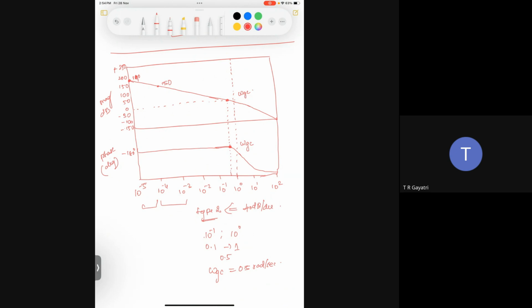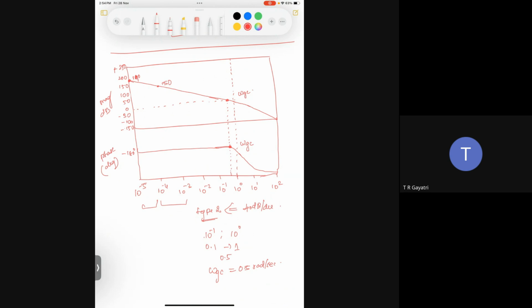So here the phase is at minus 180 degree for a longer period of time. So when it changes, around this point you will take the radius. This will be around 1, maybe around 1 frequency we can take.